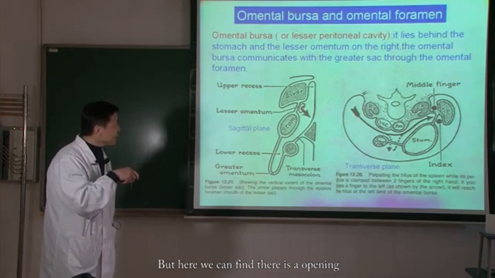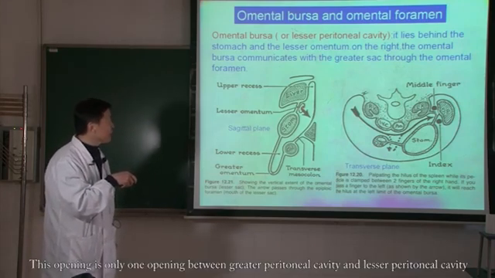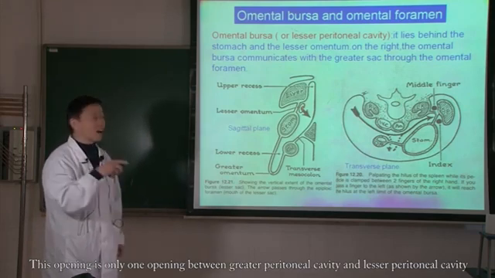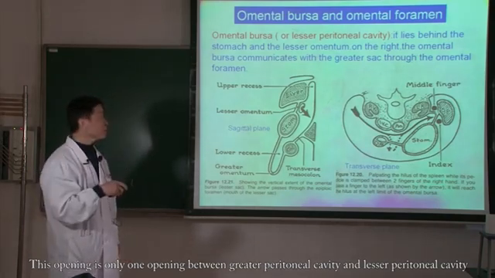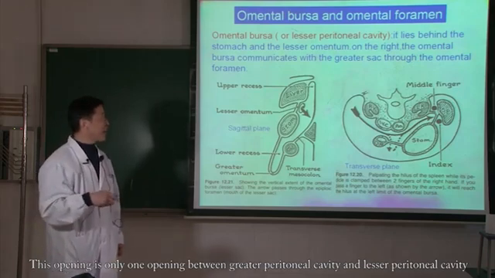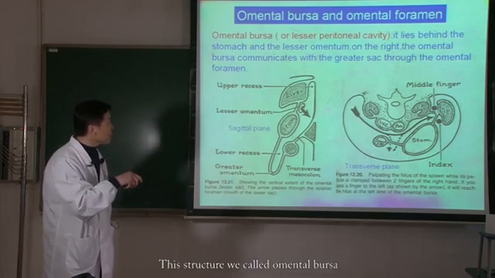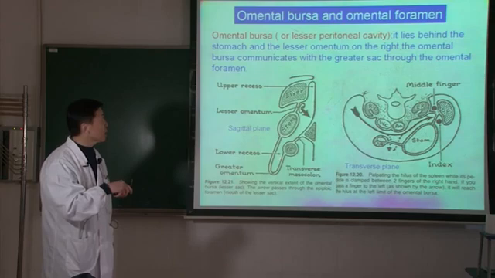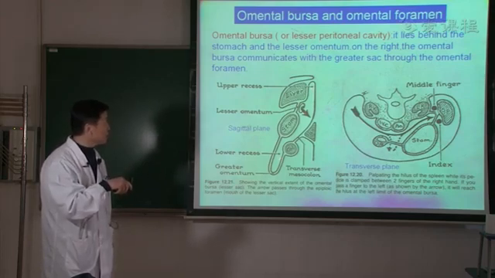Here we can find there is an opening. This opening is the only opening between the greater peritoneal cavity and the lesser peritoneal cavity. This structure we call the omental bursa, or another name, the lesser peritoneal cavity.